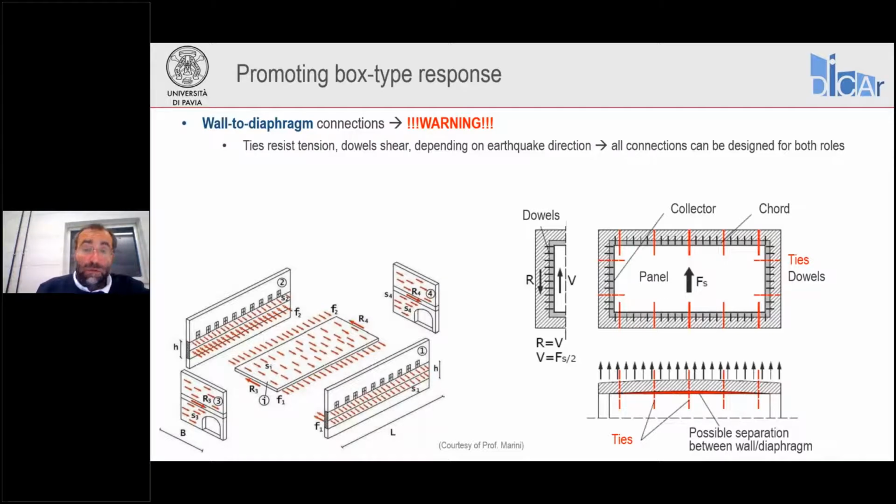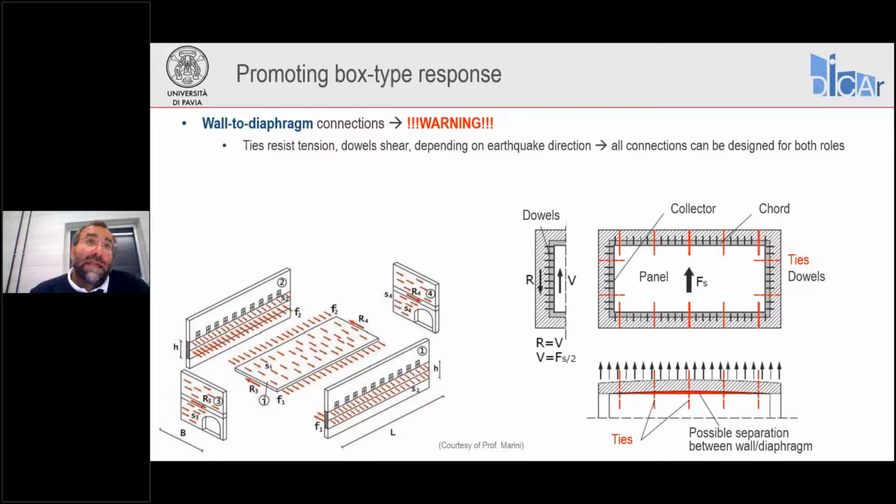First of all, we have to consider that our connectors must resist tension if they're directly preventing the overturning of a wall. However, those along the intersecting walls are resisting shear, because this out-of-plane inertia is taken by those connectors acting as ties, is transferred to the diaphragm, and then the diaphragm transfers it by shear to the perpendicular walls.